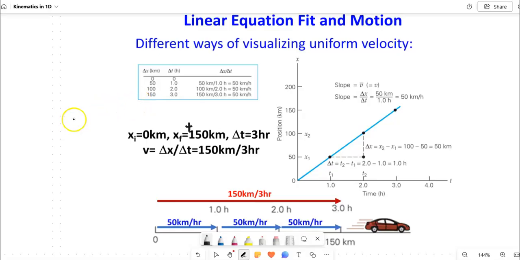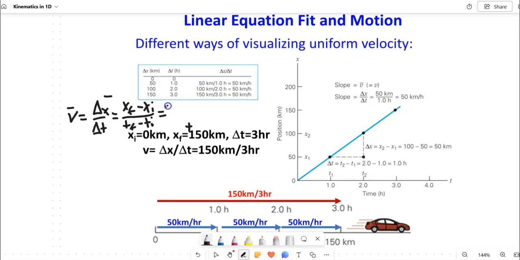If you take what we learned last time, velocity is displacement over time, and displacement is final position minus beginning position, over t final minus t initial.